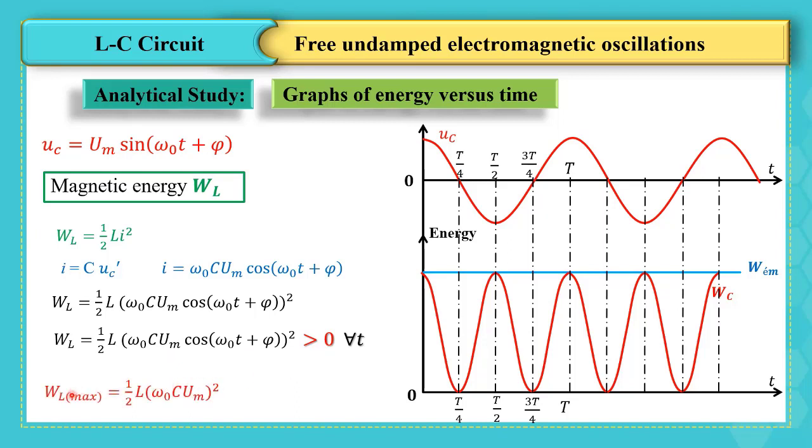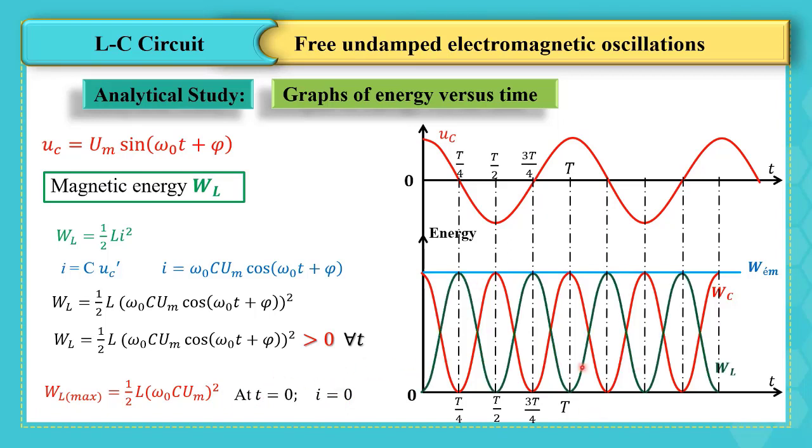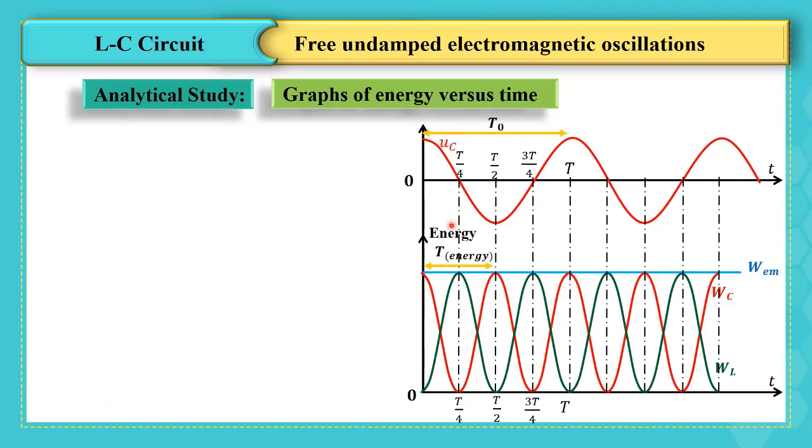So W maximum magnetic equals half L (omega 0 C U maximum) squared, and at t equals 0, i equals 0, and so the magnetic energy is 0. So the curve of magnetic energy will have a sinusoidal form starting from 0. Now, we must note that the period of energy is equal to half of the period of the oscillation.